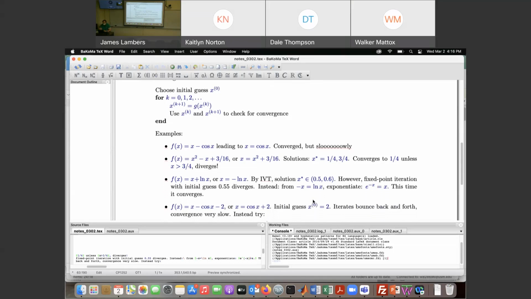One more example. This is my function, one root of x minus cosine x minus 2. So I write it in the form x equals g of x. This is my equation to solve. And I'll just choose 2 for the initial guess. Now let's see what happens.